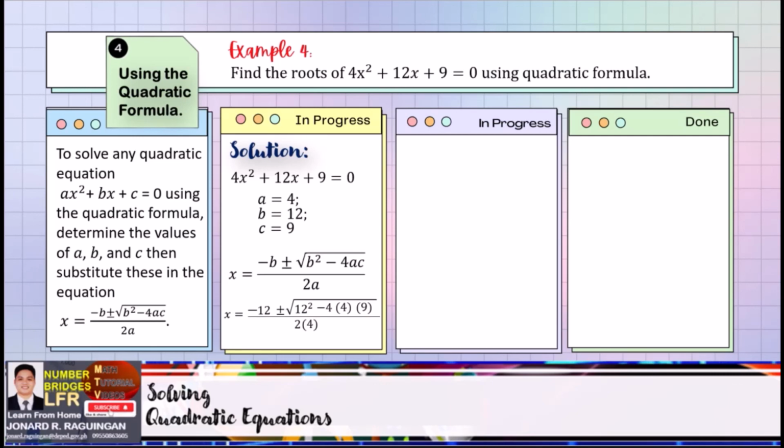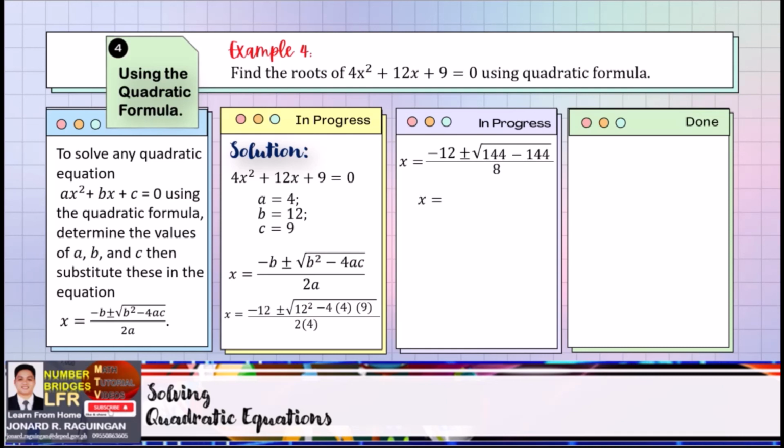Then simplify the numerical expression. We have negative 12 plus and minus the square root of, simplify, square of 12 is 144, negative 4 times 4 times 9 is equal to negative 144. 2 times 4 is equal to 8.